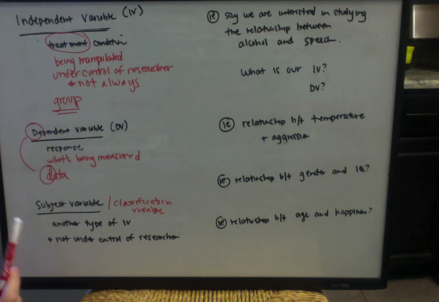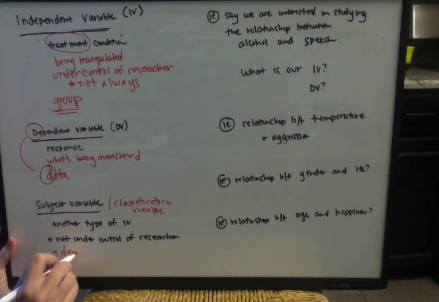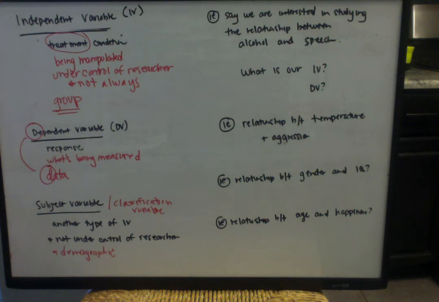A subject variable is typically something like a demographic. It's something that's characteristic of the subjects themselves that we might be interested in studying, but it's not something that is a treatment per se.